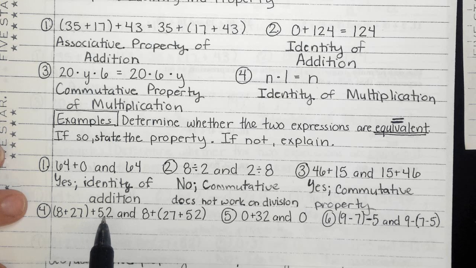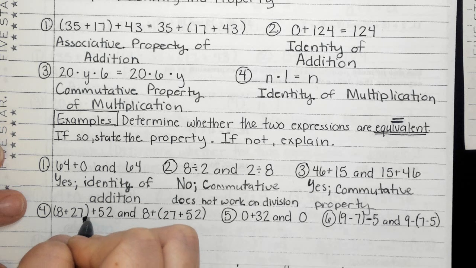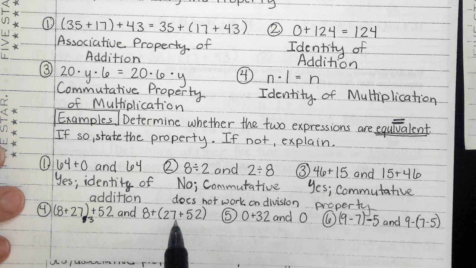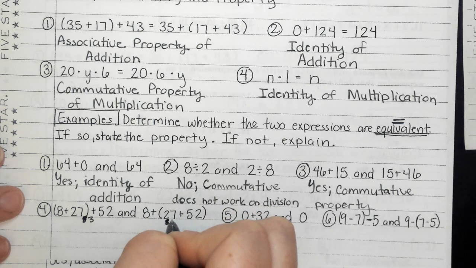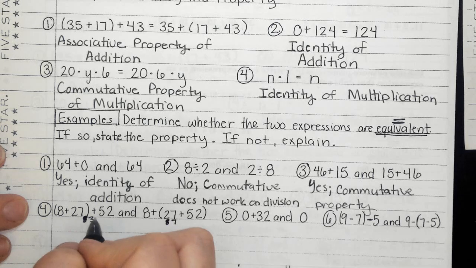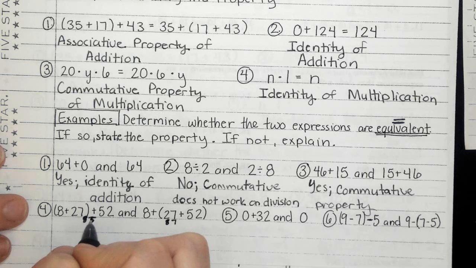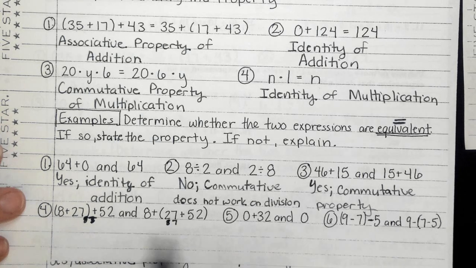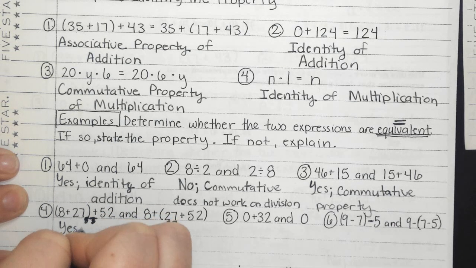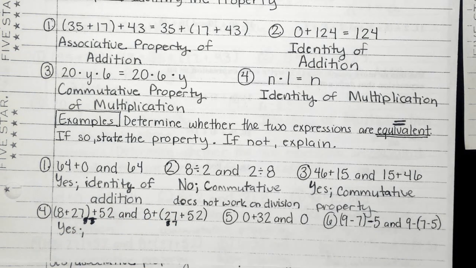And then 35 plus 52 would give me 87. And 27 plus 52 is 79, and 79 plus 8 is 87. Let me check my math. So they're both 87. Are those equal? Yes. And if you're not sure, you can add them up to check. Yes, those are equal. Why?